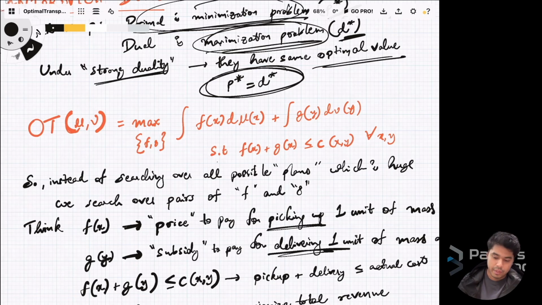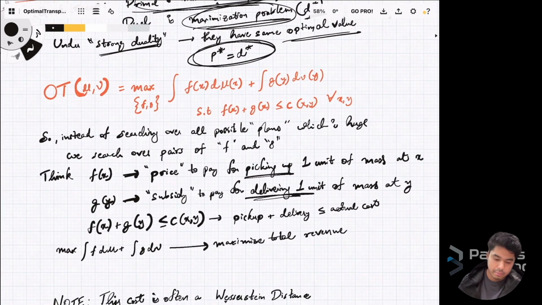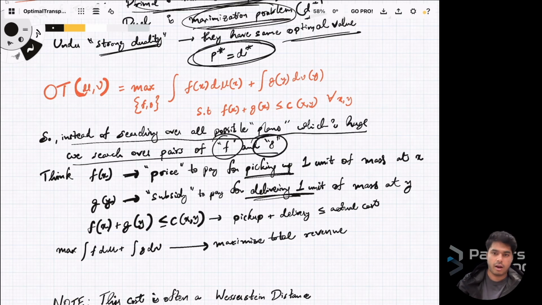If we explain this in very simple terms, instead of searching over all possible plans, which is a huge and exhaustive search space, we search over pairs of f and g, right? In optimization terms, f and g are called Lagrange multipliers, but for now, let's keep it simple. f is the price to pay for picking up 1 unit of mass at x from the source, and g is the subsidy you get for delivering 1 unit of mass at y.